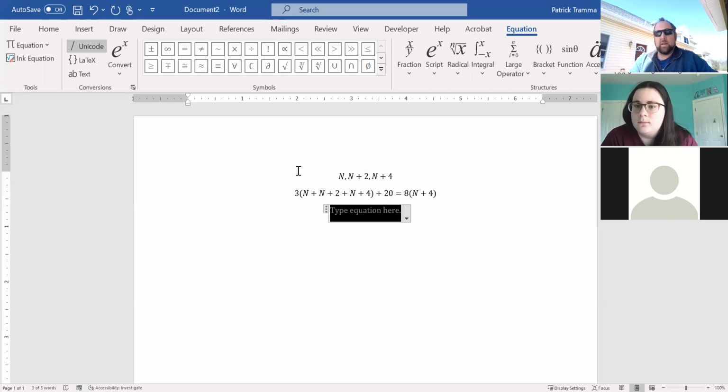Well, if you're going to multiply, you'd have to multiply the n by the 2's and the 4's also. But let's just combine like terms inside the parentheses first. Make it a little easier. So how many n's are there? 3. So we'd have 3n plus, and then what's 2 plus 4? 6. There you go. Equals 8 times the quantity n plus 4.